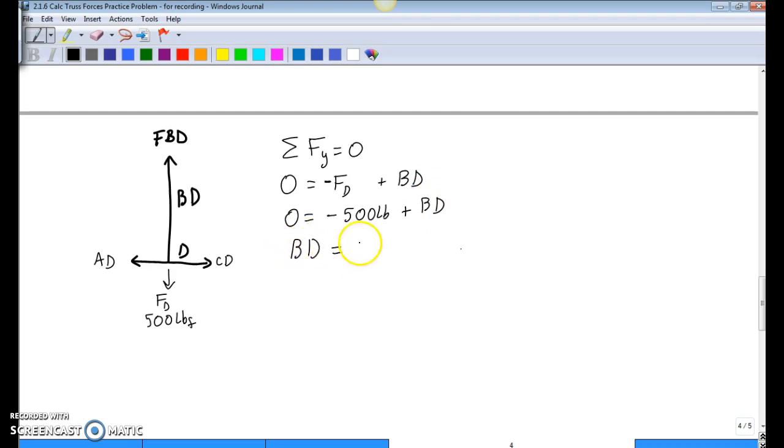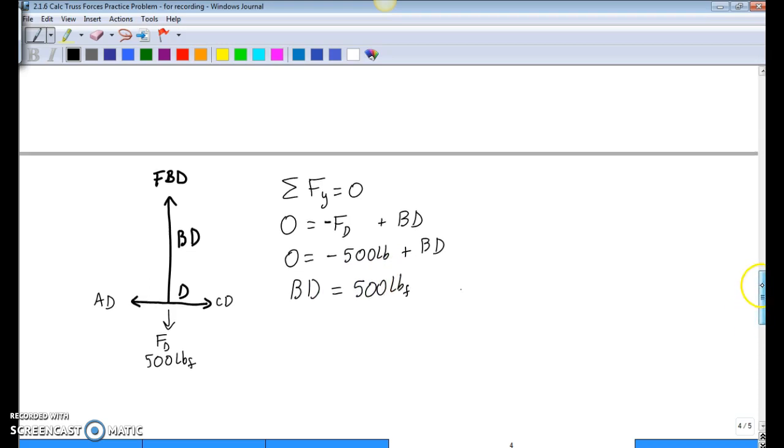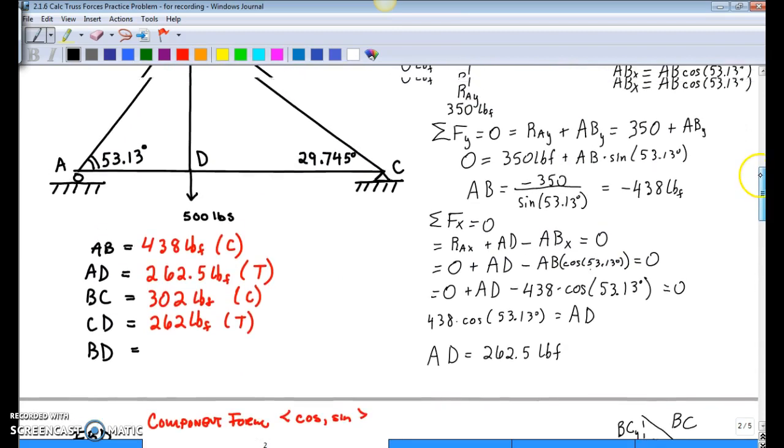BD then just simply equals 500 pounds and we're done. It's positive, so we know it's in tension. We don't have to switch anything. We can come up here, we can update this to say 500 pound force of tension, and we have our internal and external forces done.